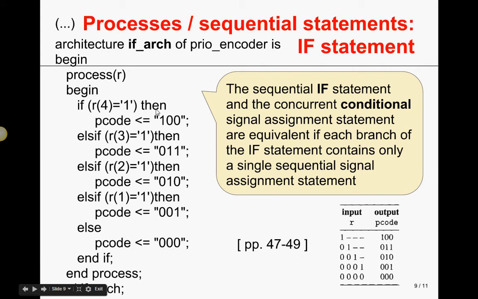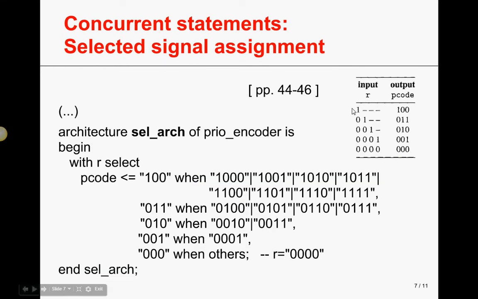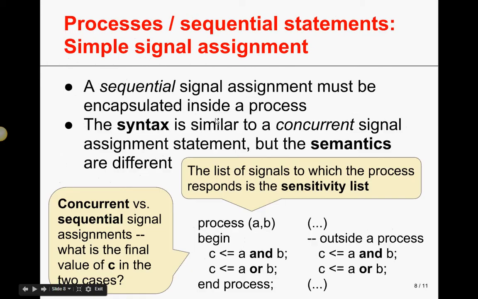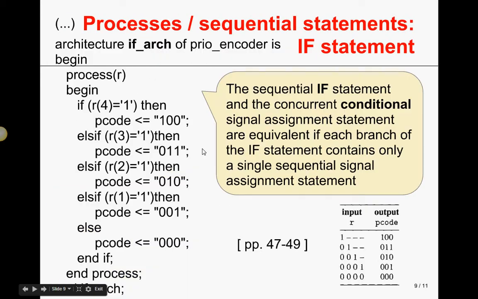That is to say, in between the if and the else if, we might have several statements indicated. In this case, we have only one. So if we go back to the conditional signal assignment, we will see that these two structures, the conditional concurrent statement and the if sequential statements, are indeed equivalent.